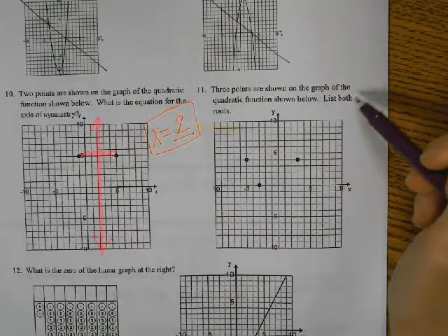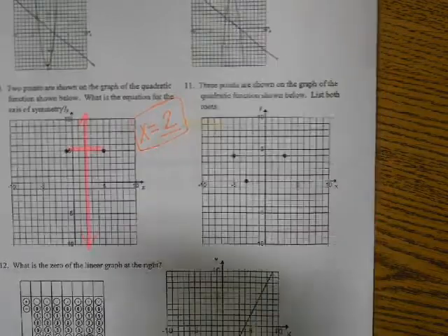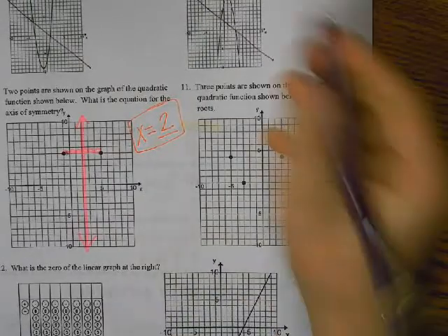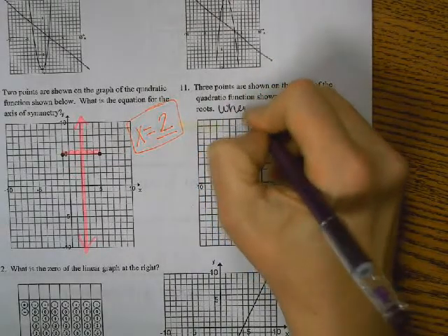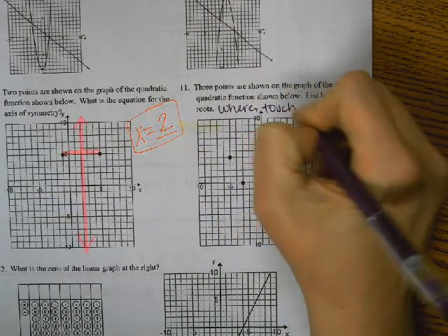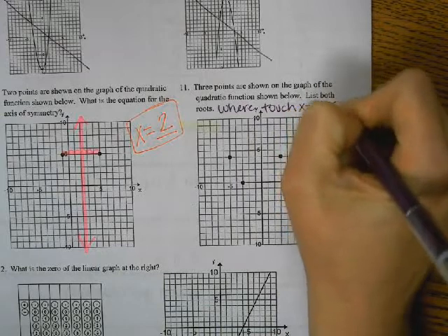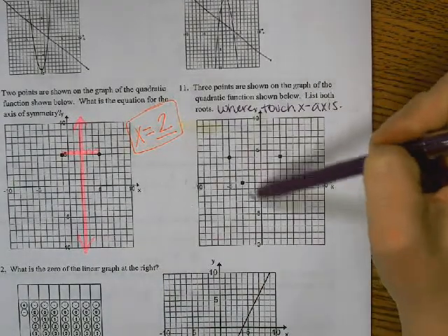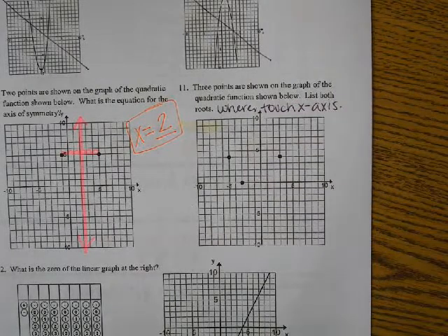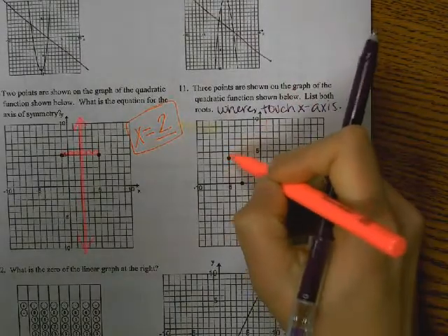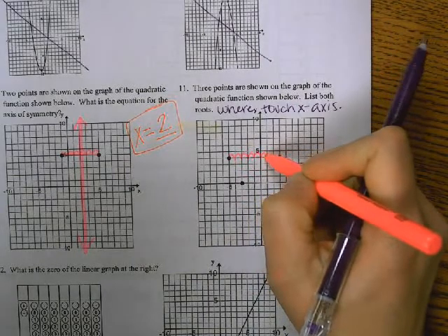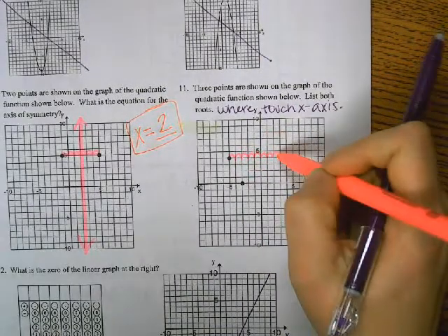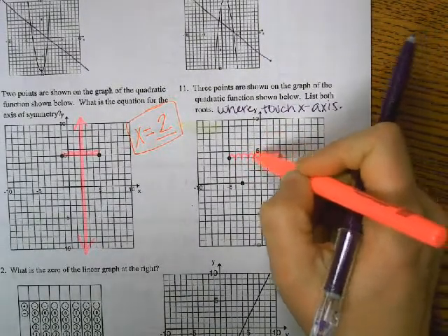3 points are shown in the graph below, and it says list both of the roots. Remember, the roots are where they touch the x-axis. So if these are 3 points on the graph, my graph's probably going to go like this, right? So let's find the middle. That's 8, so 4 in.